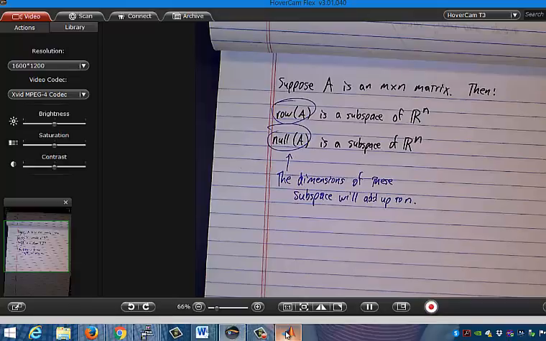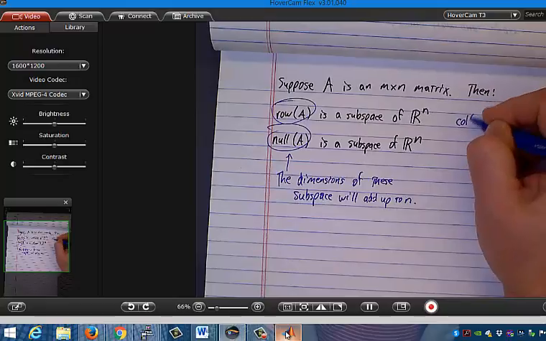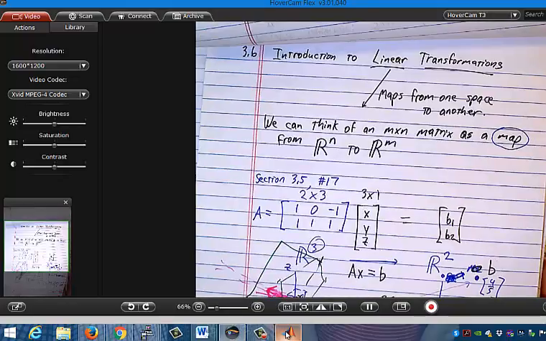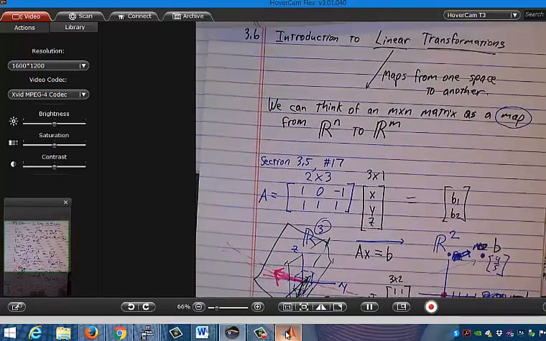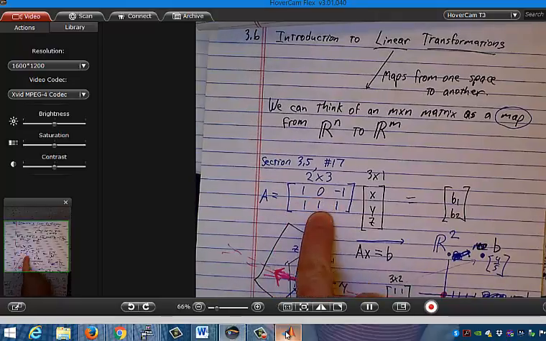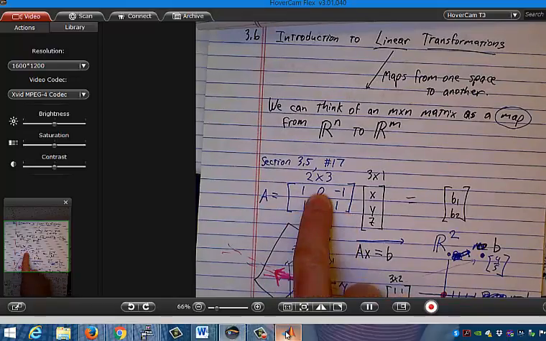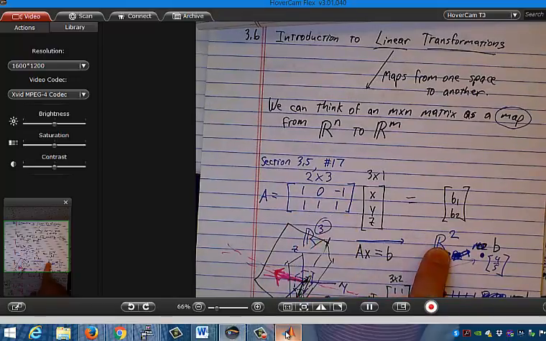Now we have another space, like I said, called the column space of A, but that's the span of the columns. Where does the column space live? Well, look, the columns of A, they're all elements of which space? R2.